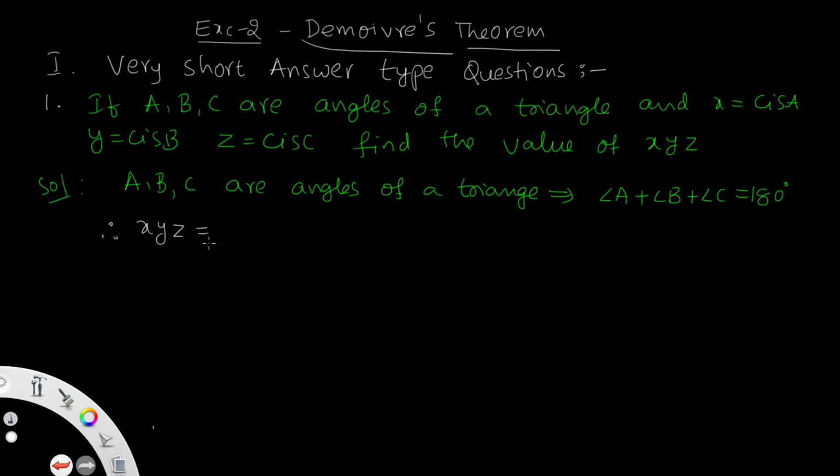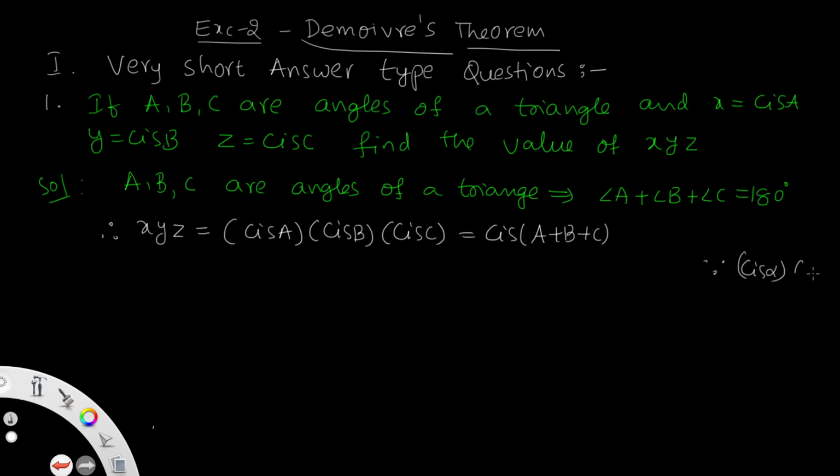xyz means cis A, cis B and cis C, nothing but cis of A plus B plus C. Why? Because of the basic rule already learned: cis alpha into cis beta is nothing but cis of alpha plus beta.